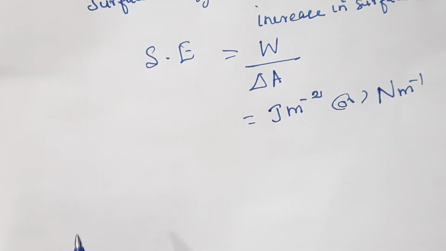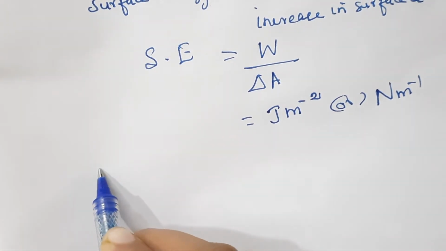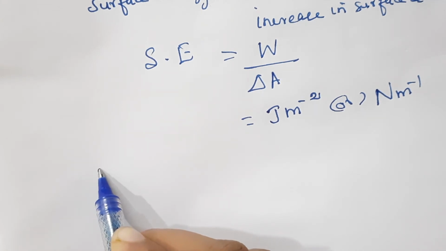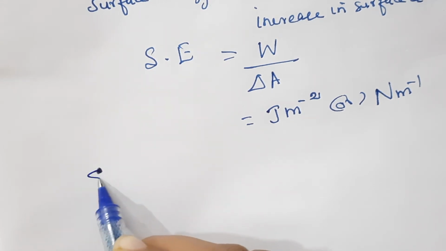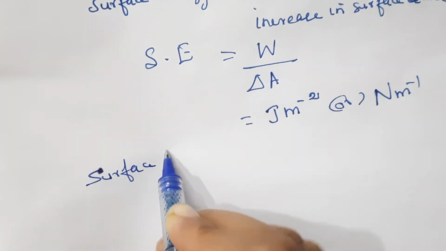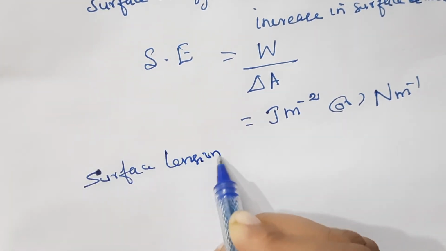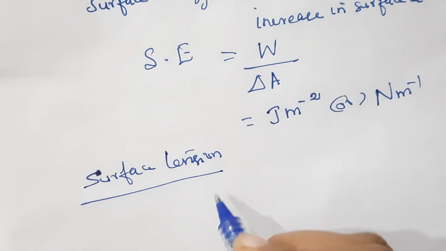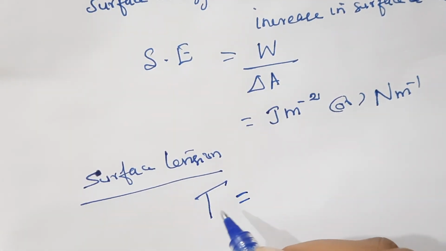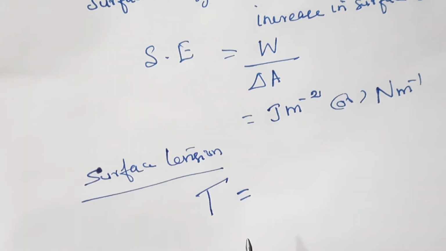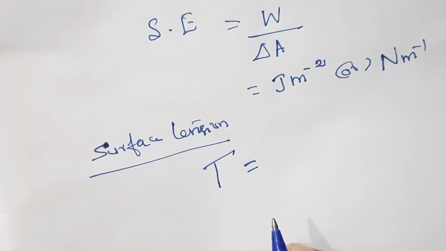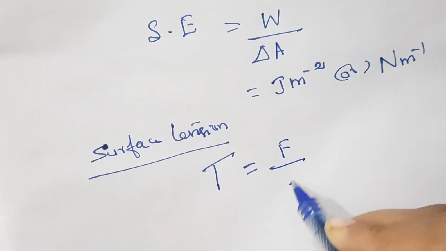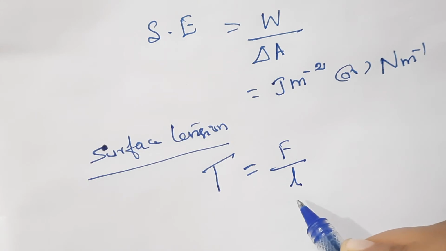The next one, surface tension definition. The surface tension of a liquid, denoted by T, is defined as the force acting per unit length of the surface of the liquid. That is, T = F/L.